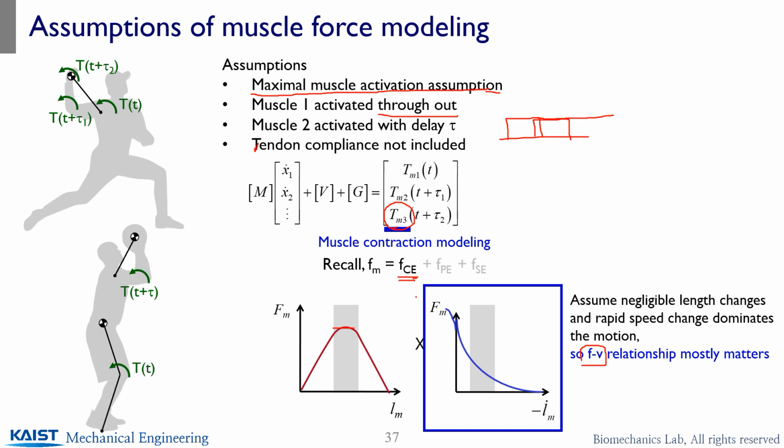So we're going to again use the same assumption here: the length change effect will be negligible compared to the rapid speed change and its corresponding force variation of the muscle. Okay, so your muscle force will again be a reciprocal function of joint angular velocity theta dot, and we are going to use that as the force source of the equations of motion.